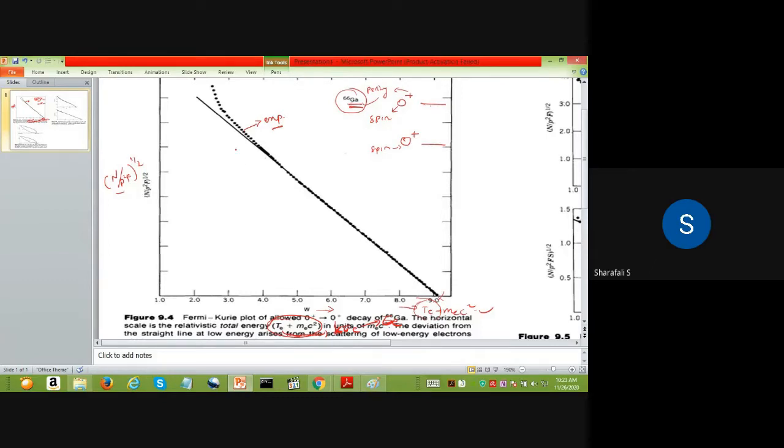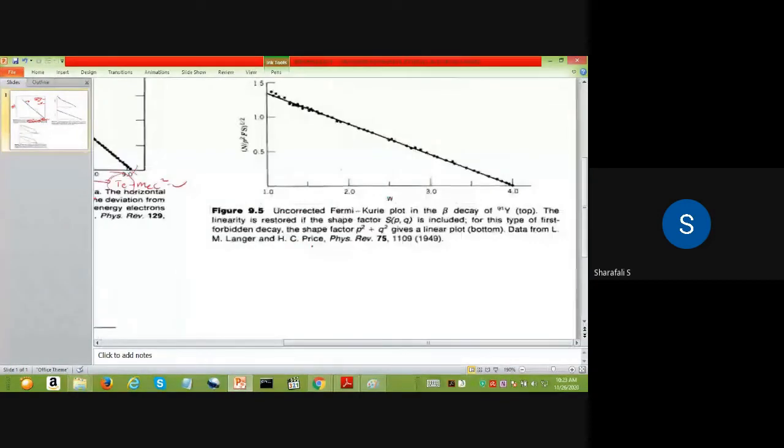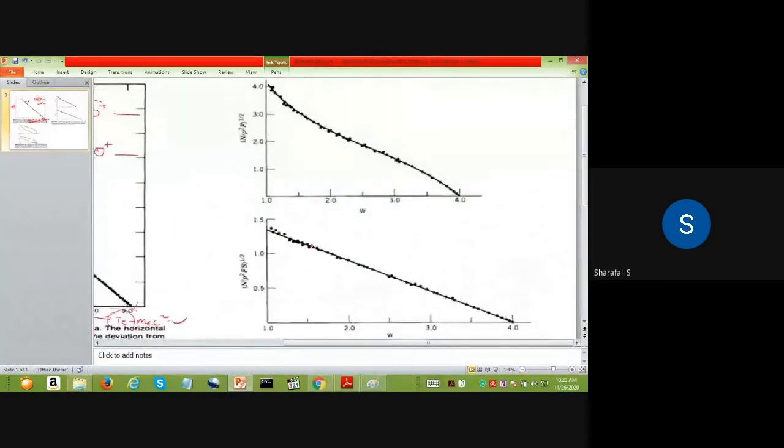But in some cases, if you consider the next diagram here, in this particular case, we have a different kind of plot. So for example, if you consider here, this is for yttrium. Okay. So when yttrium decays into zirconium, this is the Fermi Curie plot of yttrium decaying into zirconium.